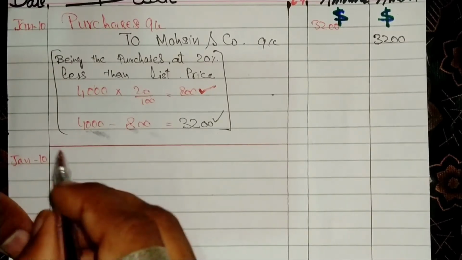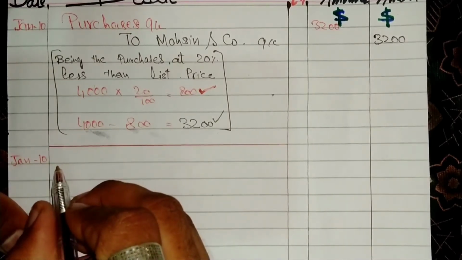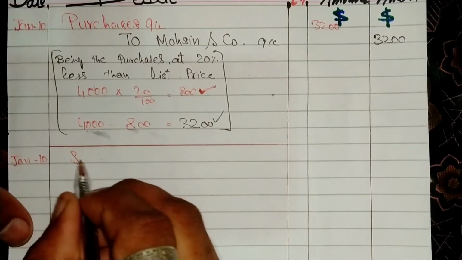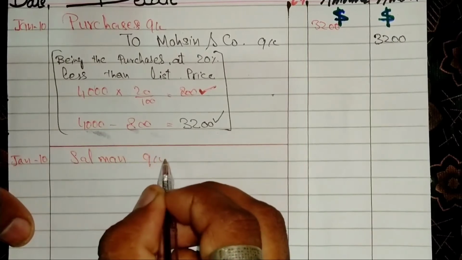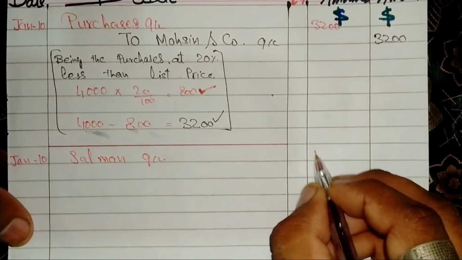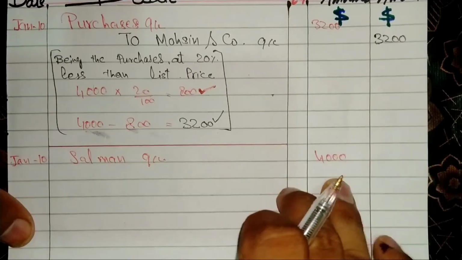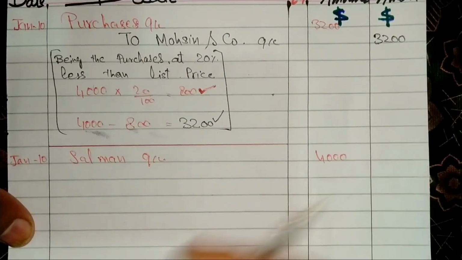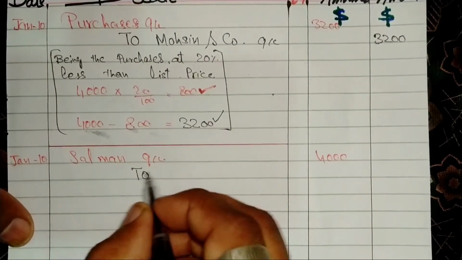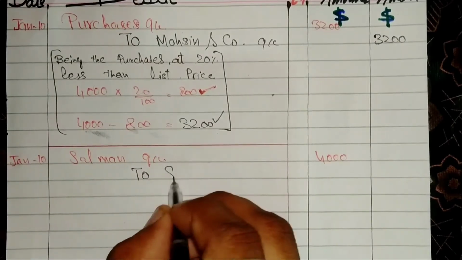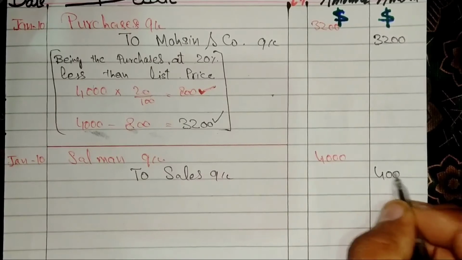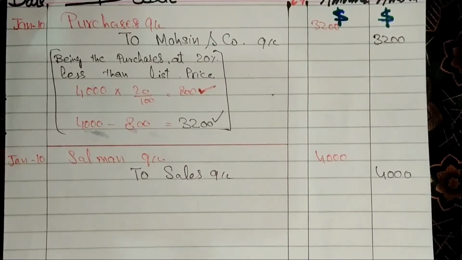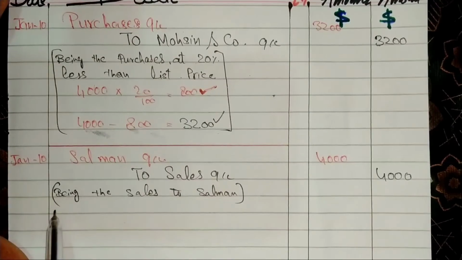The entry will be Salman's account debit with amount $4,000, which is the full price or list price, to sales account credit with amount $4,000, with description: being the sales to Salman.